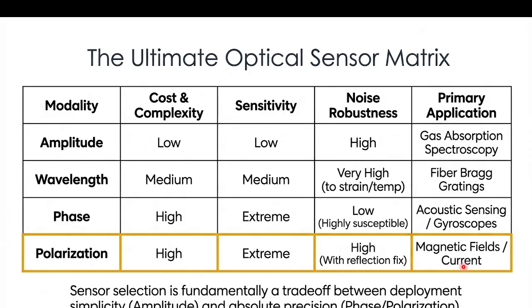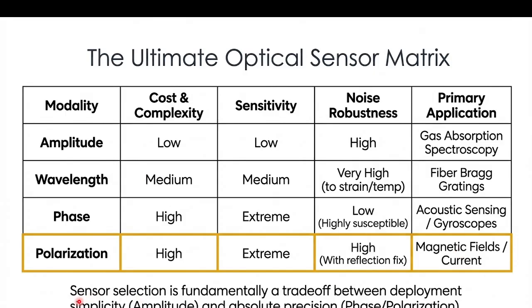The primary application is magnetic field and current, so it can be used for the leak of current, from tiny microampere or milliampere current to a few kiloamperes. It can detect the leak of the current.